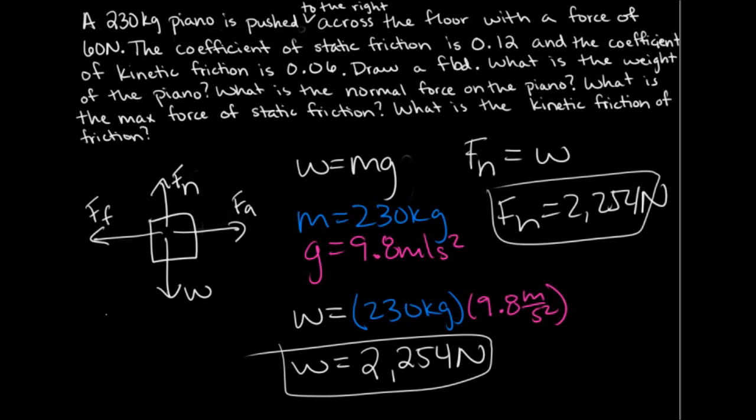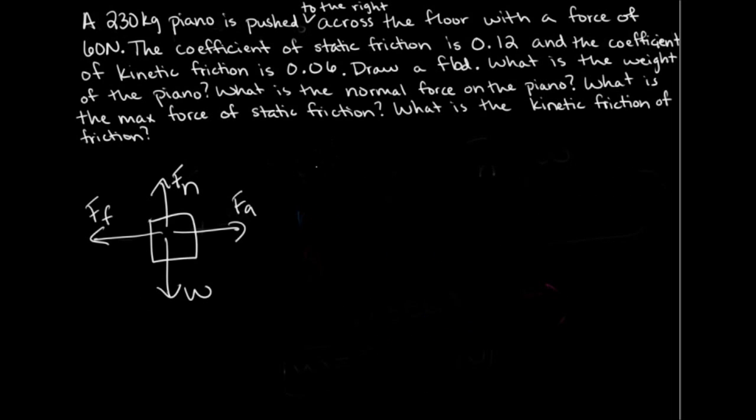All right, what is the maximum force of static friction? The equation for maximum force of static friction is Fs max equals the coefficient of static friction, so the amount of static friction, times the normal force.